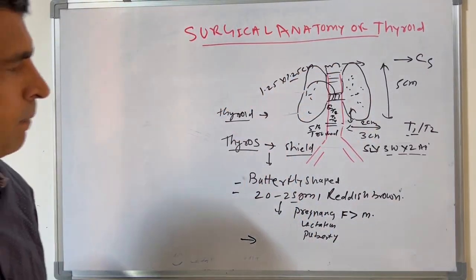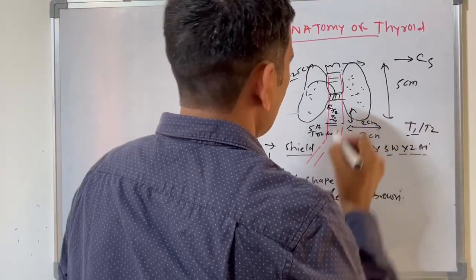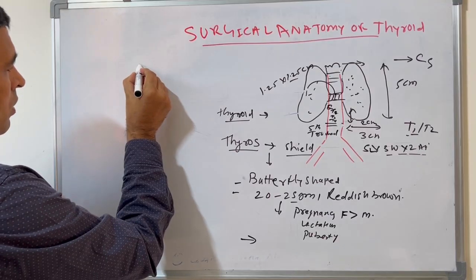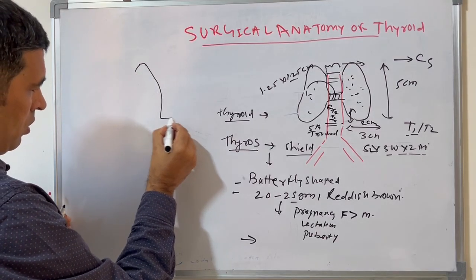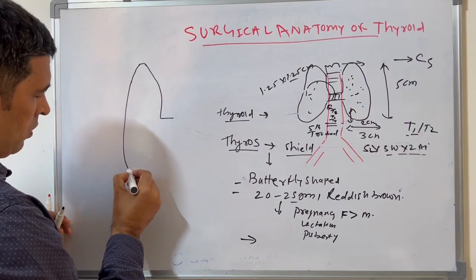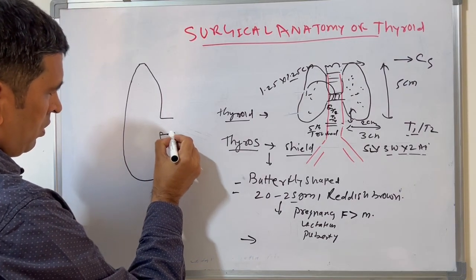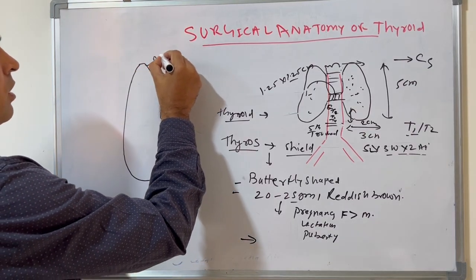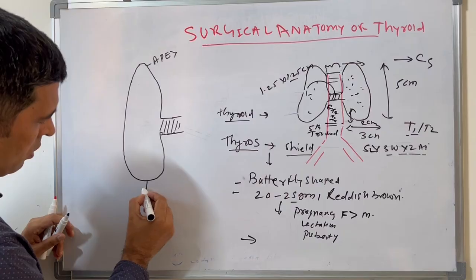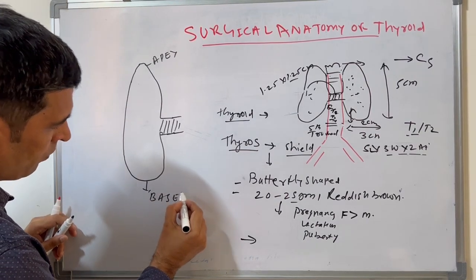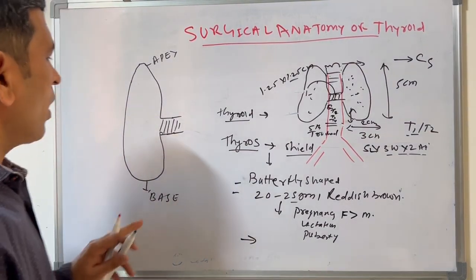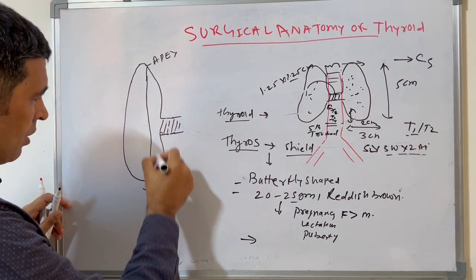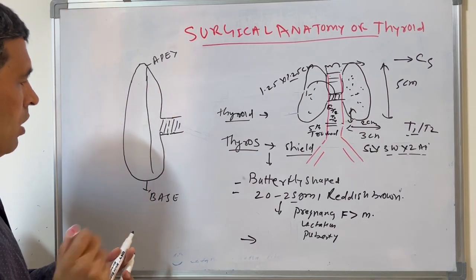If you see this gland three dimensionally, I am taking one lobe. This is the isthmus, this is the apex, and this is the base of the thyroid lobe. Here is the trachea.